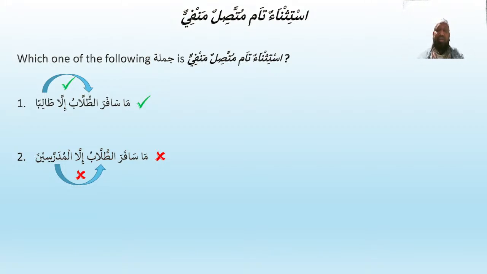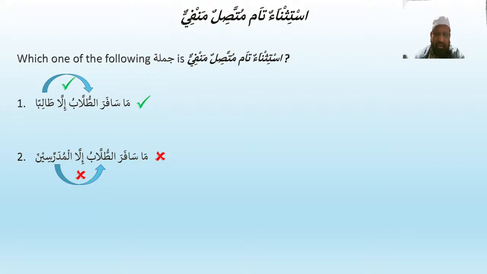It has to be istisna tam, it has to be muttasil, it has to be manfi. If the jumla is manfi, but it is not muttasil, this i'rab cannot be applied. That will be munqati'. If it is munqati', then the i'rab is different, which is wujub. Okay, we'll talk about that in the next lesson.